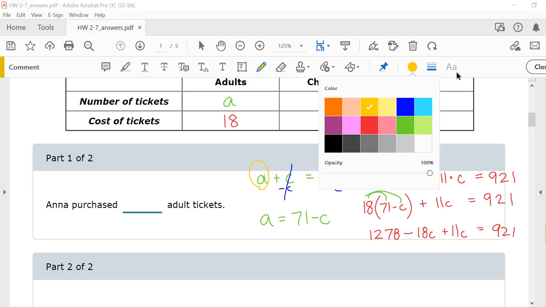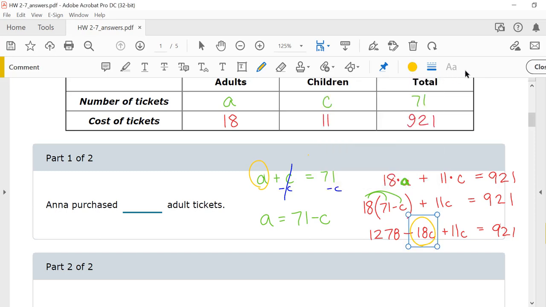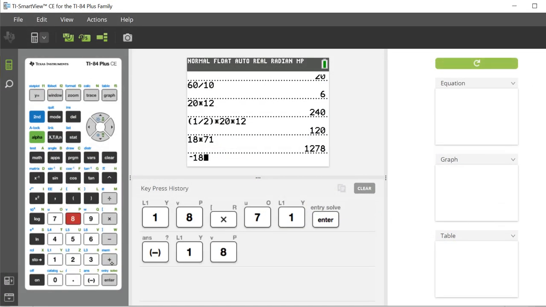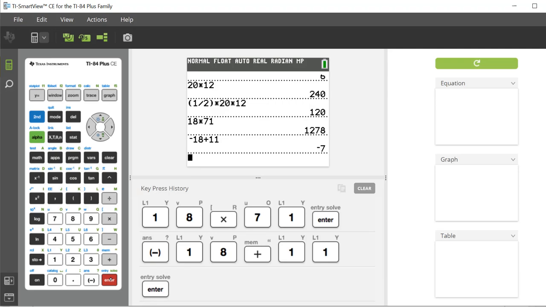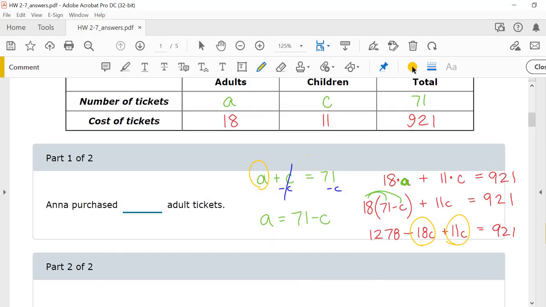I'm going to combine the two like terms, negative 18C plus 11C. So negative 18 plus 11 would give me negative 7C.